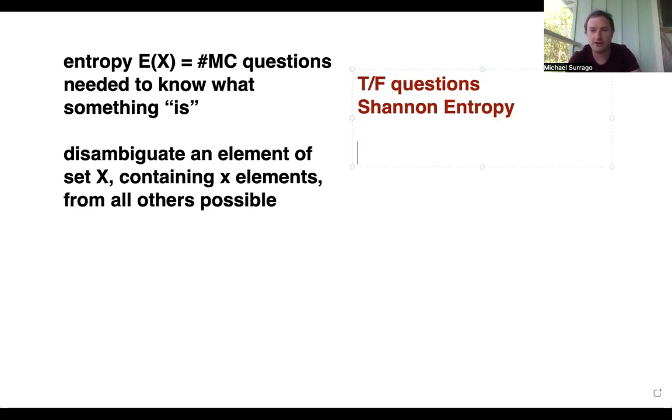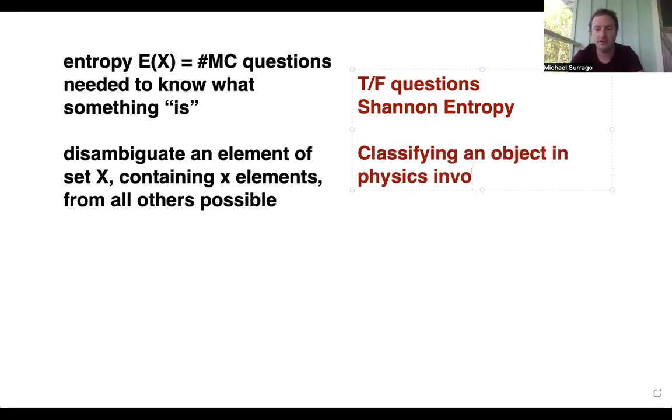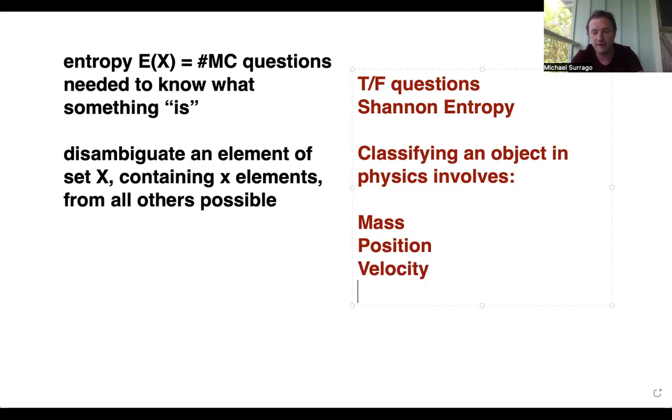Just so you understand, if you're looking at an object and you want to classify it, classifying an object in physics involves all these different things. You've got an object's mass, its position vector, its velocity vector. In fact, you have a seemingly unending number of differentials that you can take.